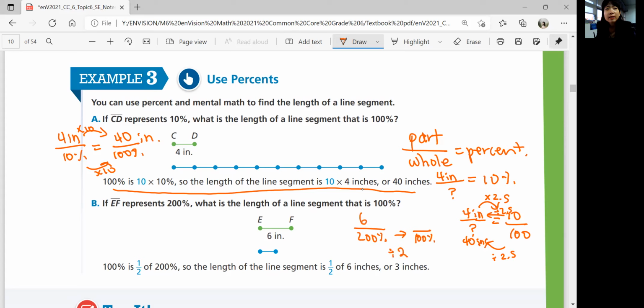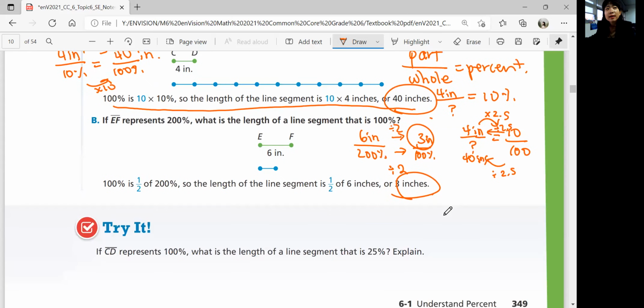So you're going to divide 6 inches by 2 to get 100% in inches. 6 divided by 2 is 3 inches. So 100% would be 3 inches. So your part doesn't always have to be smaller than the whole. If your part is bigger than the whole, then you can find the whole, which is always 100%, by dividing your part. Okay?